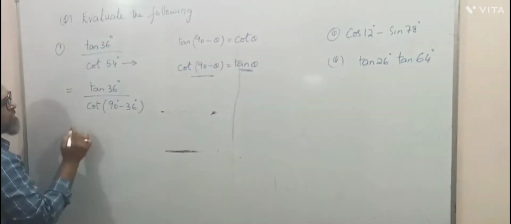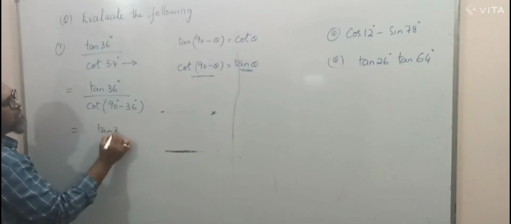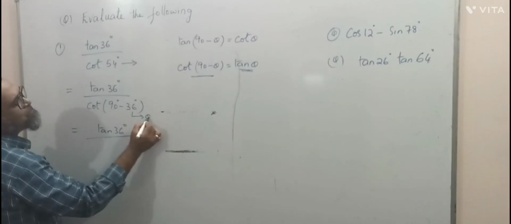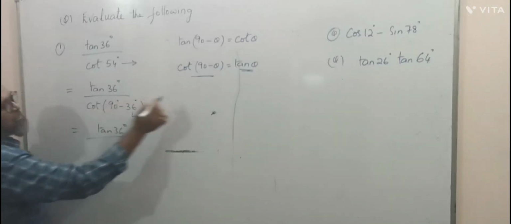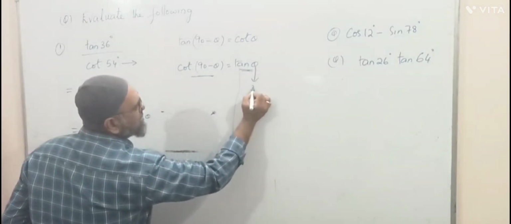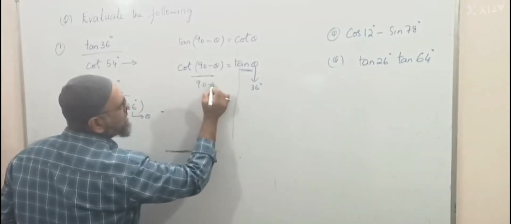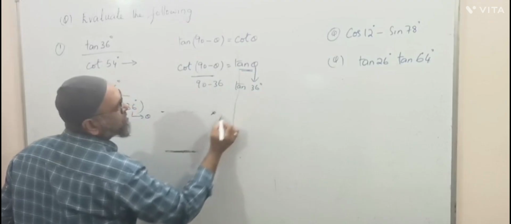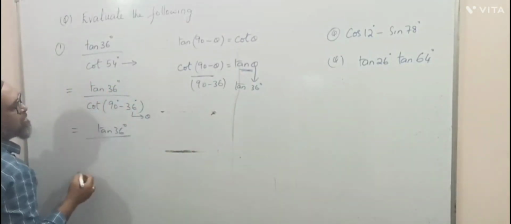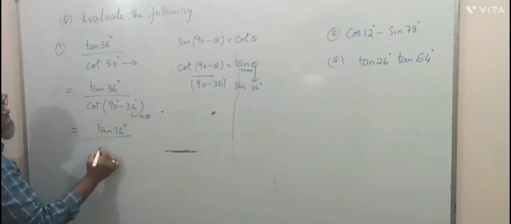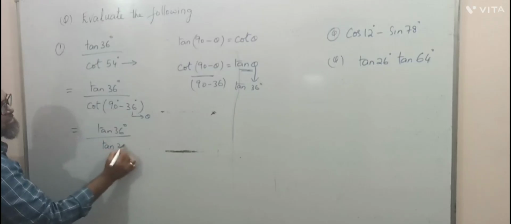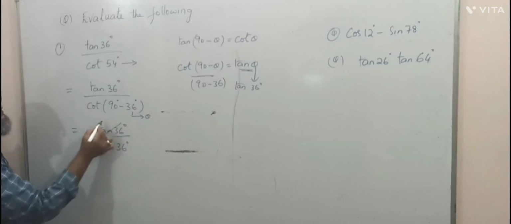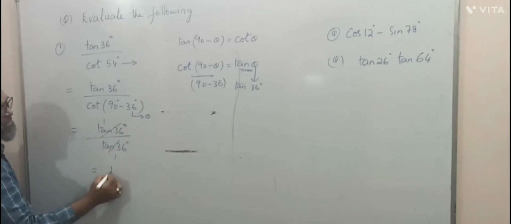So now when I am solving this, tan 36 divided by cot 90 minus theta, this is theta. So tan theta is what? Tan 36. Cot 90 minus 36 is tan 36. This is same, numerator and denominator is same. I will cancel this. So the answer is 1.